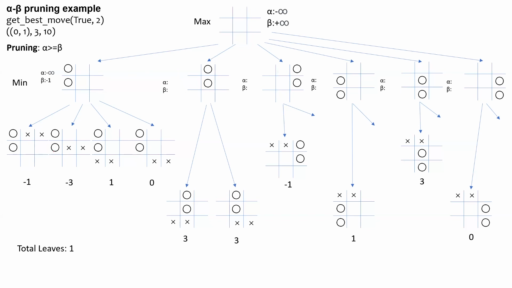And finally, we reach our leaf node and we start to modify the values. Now, the first thing you need to know is that we only modify beta in min nodes. So here, the board value is -1. We found a better beta value, so we update it to -1. Similarly, we found another board with -3, so beta is updated.